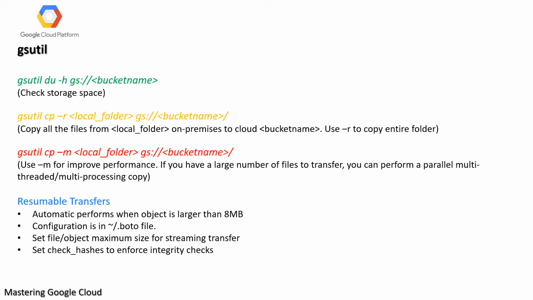You can adjust the minimum size for performing resumable uploads by changing the resumable threshold parameter in the .boto configuration file. You can also set up the maximum size of the streaming transfer and also set hashes to enforce integrity checks.